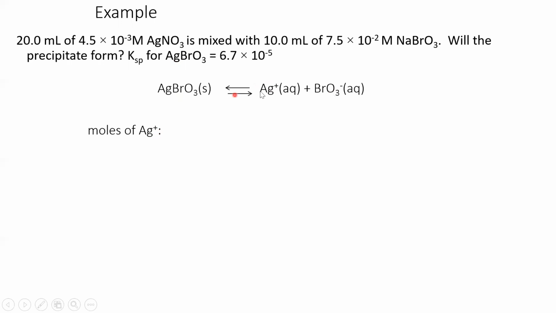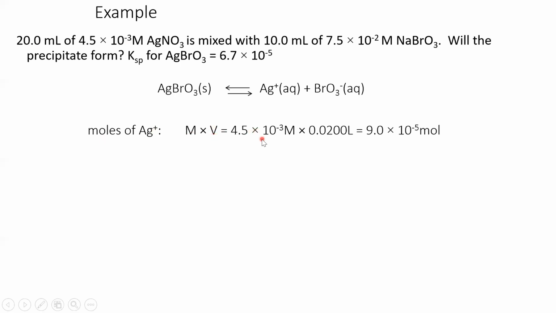So let's look for the silver ions first. The silver ions are going to come from this first solution. We're given the molarity and we're given the volume, so we can calculate the moles. Molarity times volume equals moles.